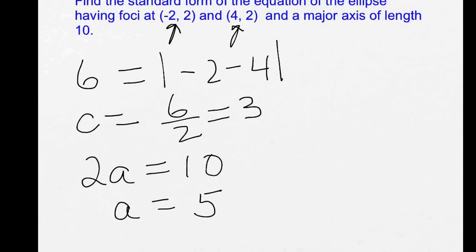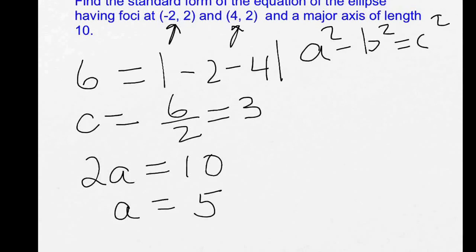To do our standard form, we need one more thing. We need b, or more precisely, we need b squared. Well, we know that a squared minus b squared equals c squared. So we plug in the information we know. We know that a is 5, so that's 5 squared minus b squared equals c squared, and c is 3, so that's 3 squared.